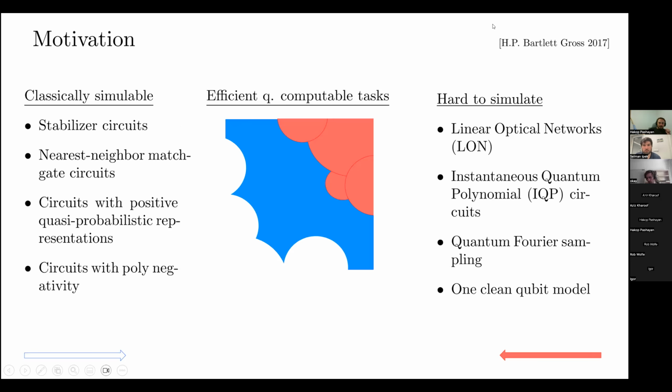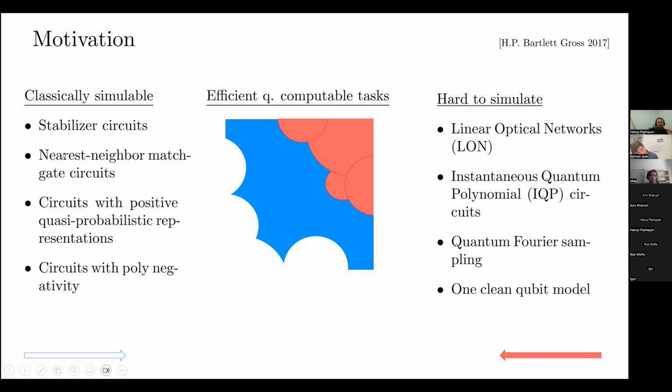So a lot of the motivation for this paper came from this perspective, where if we imagine a blue box here, that is the set of all computational tasks that can be efficiently solved by a quantum computer, then we have a bunch of stuff on the left here that's classically simulable.